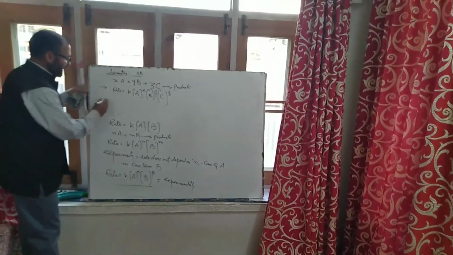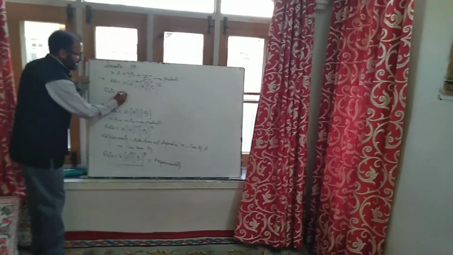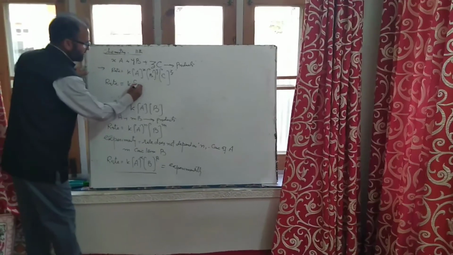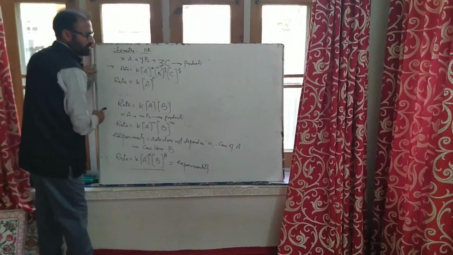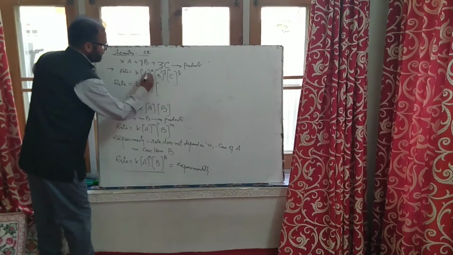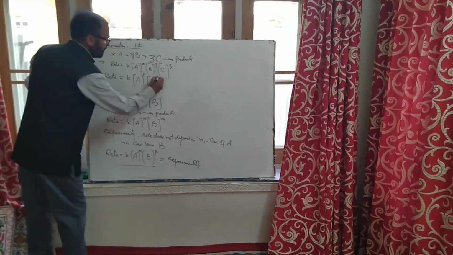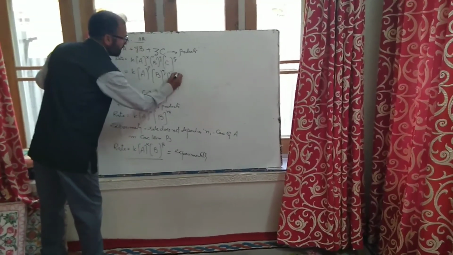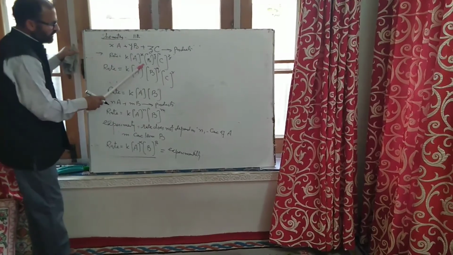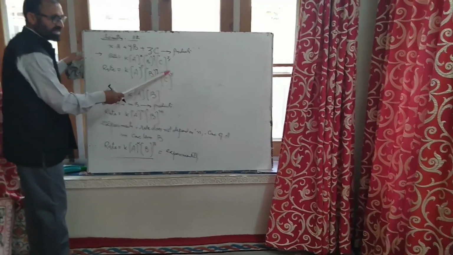These are the stoichiometric coefficients. So I will write, suppose the rate is equal to K, molar concentration of A raised to power P, molar concentration of B raised to power Q, molar concentration of C raised to power R. Now these P, Q and R, shown in the powers, are determined experimentally.